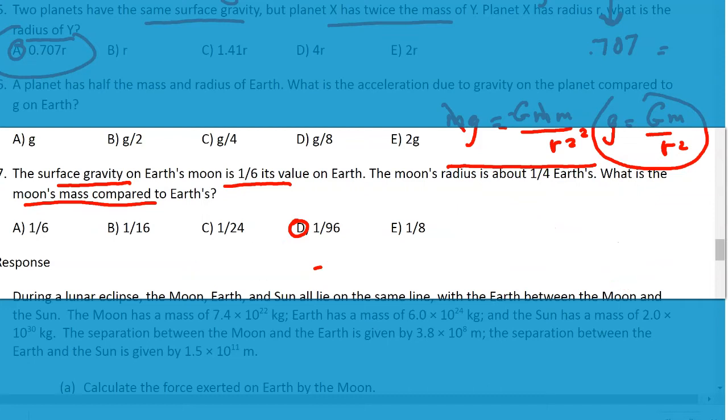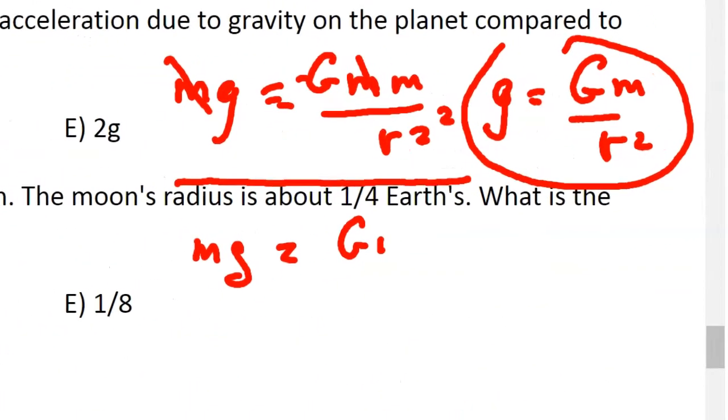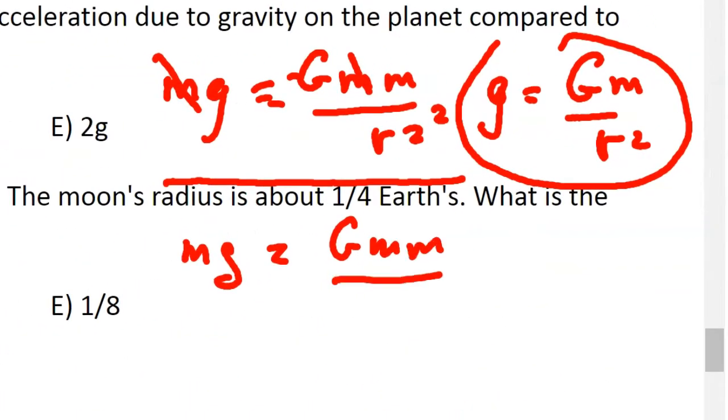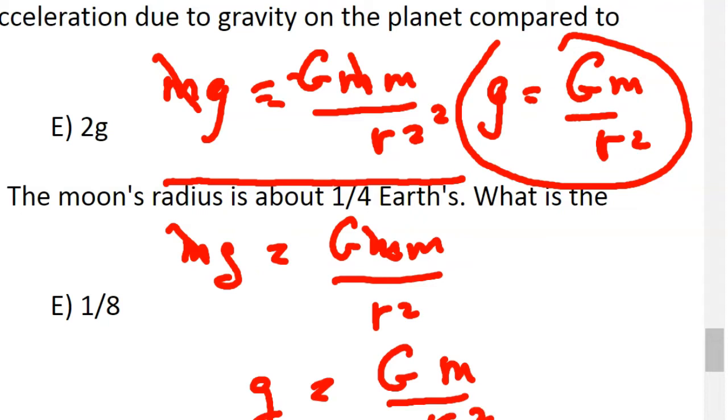So the surface gravity is g. I'm going to quickly use this one over here because it relates g to r. The little m cancels out, and g depends on the gravitational constant, the mass of the orbited body, over r squared. Surface gravity on the Earth's moon is 1/6 the value on the Earth, 1/6 g.